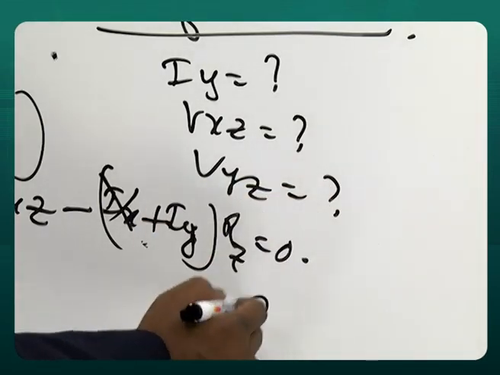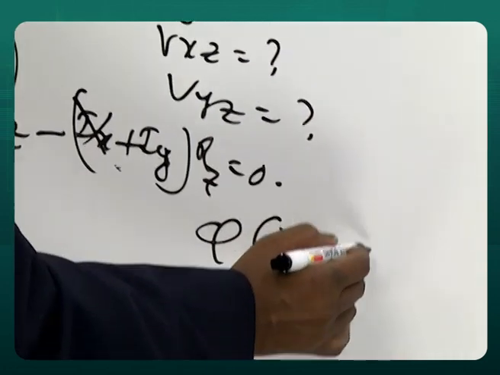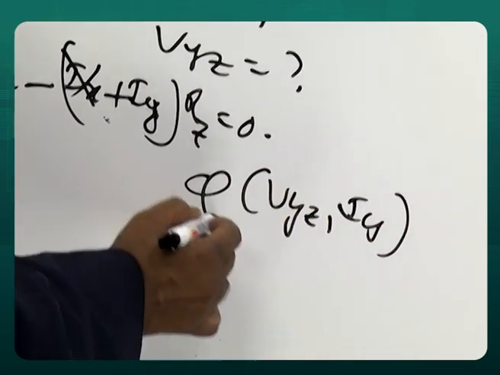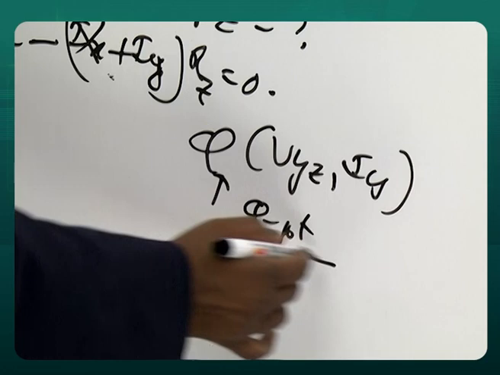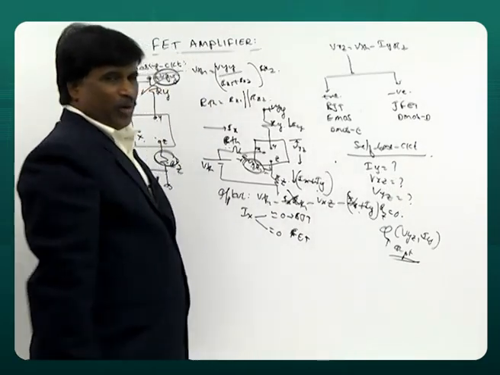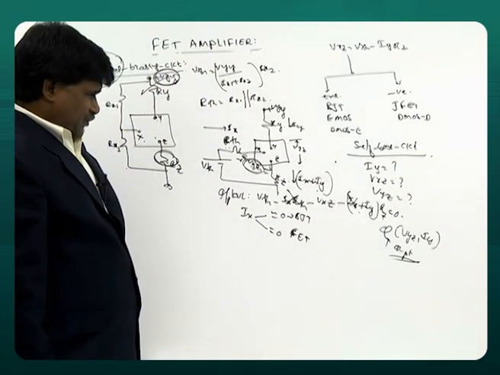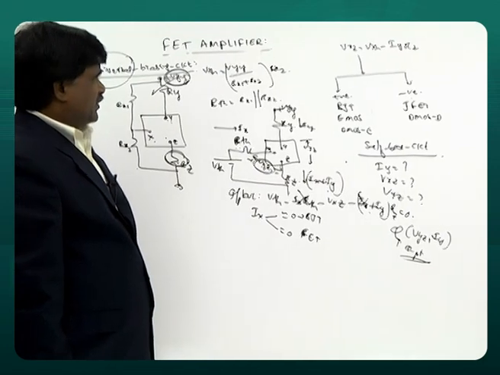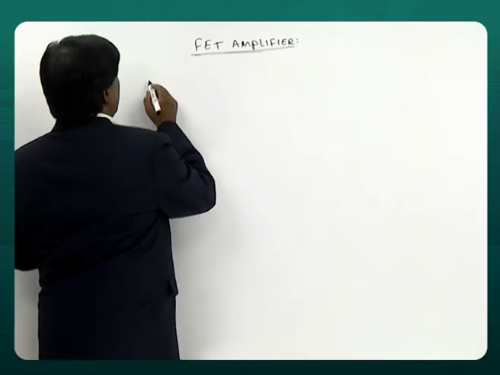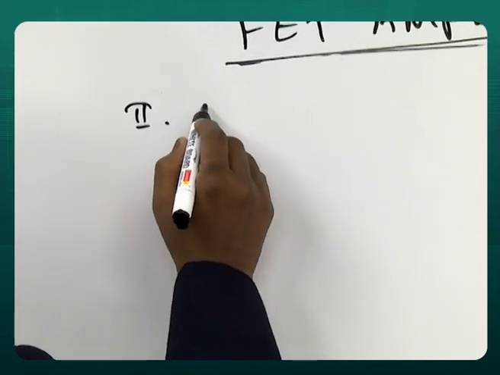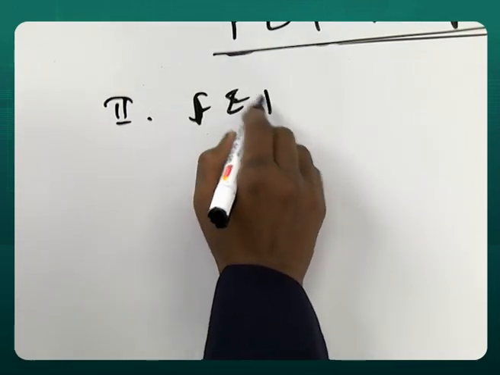And output voltage VYZ and output current together are called the Q point. Okay, that's the meaning. So let's go to the second topic, called the FET amplifier circuit.